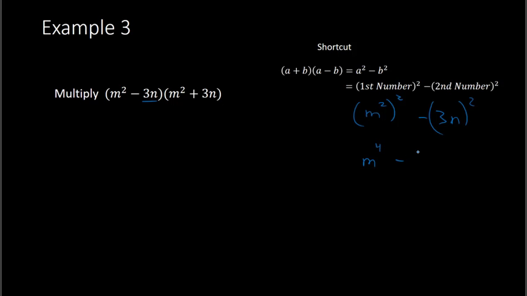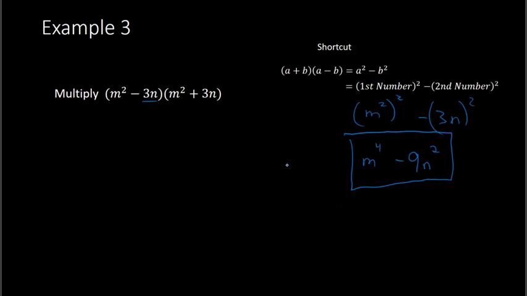So m to the 4th power. And then once again, for the second term, be careful with the 3. We square the 3 as well. So we square the 3 to get 3 squared, which is 9, and then square the n to get n squared. So my answer, using the shortcut, is m to the 4th minus 9n squared.